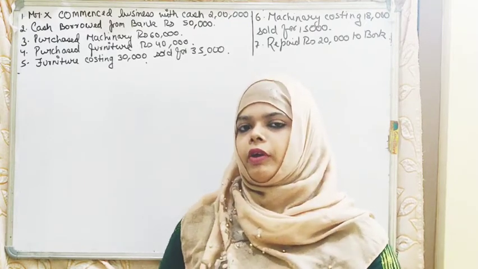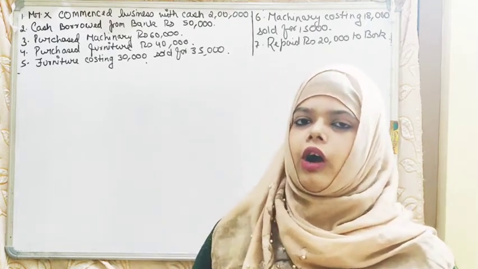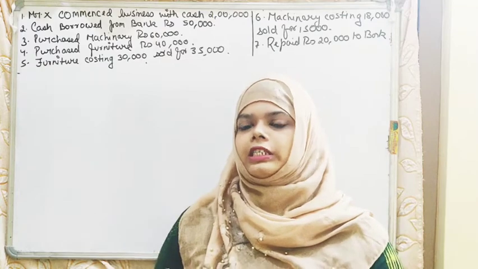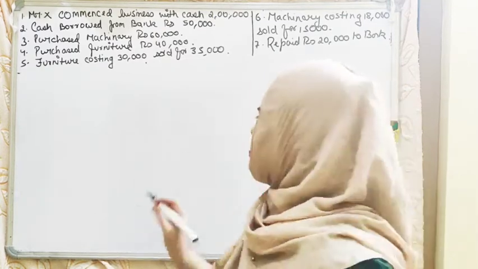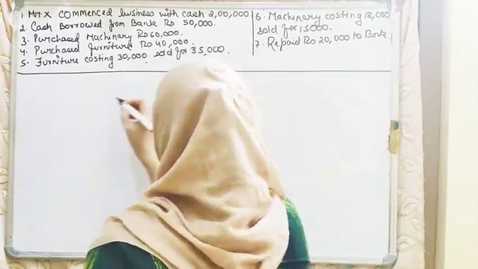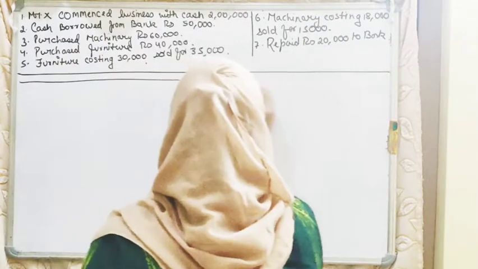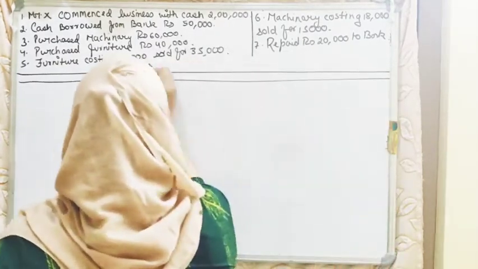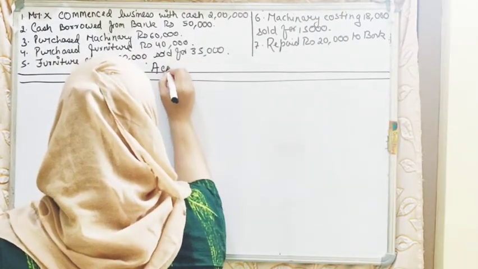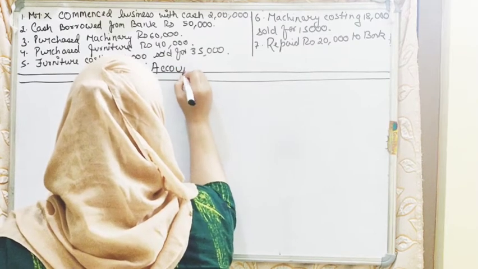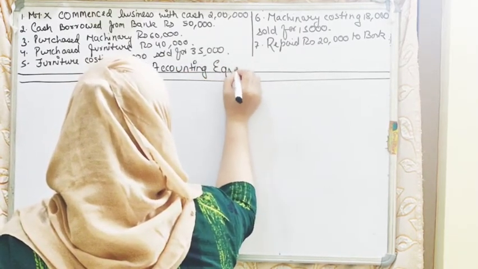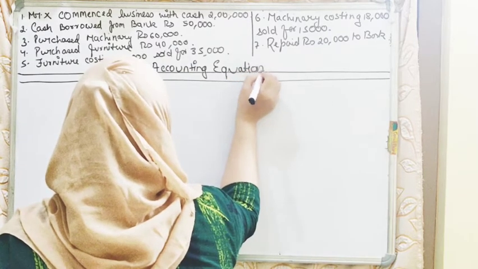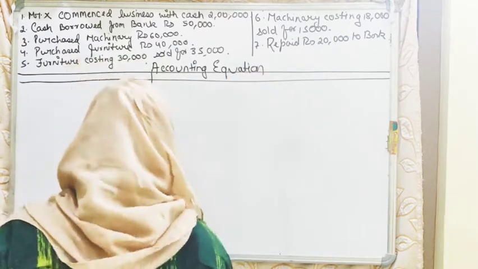Before beginning the problem, let us draw a proper proforma, specimen or format of the accounting equation. The heading is to be given always, that it is an accounting equation. We'll divide this into 3 parts.